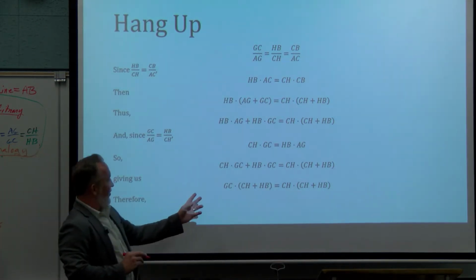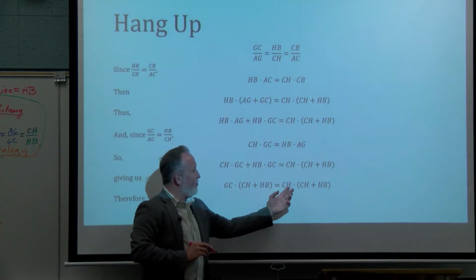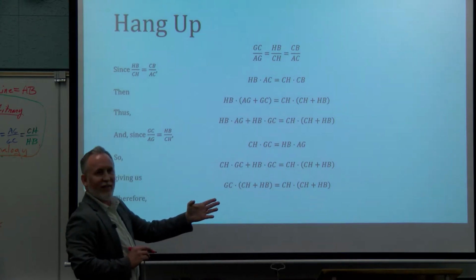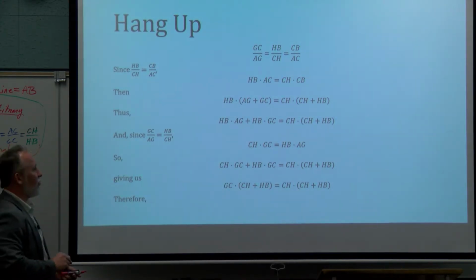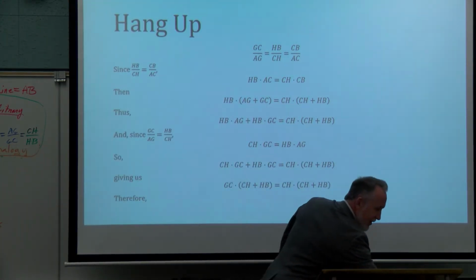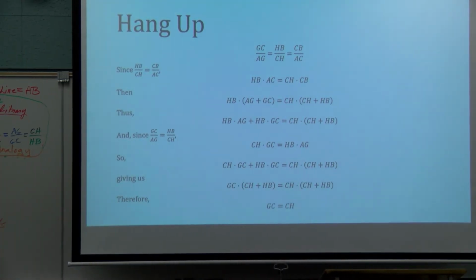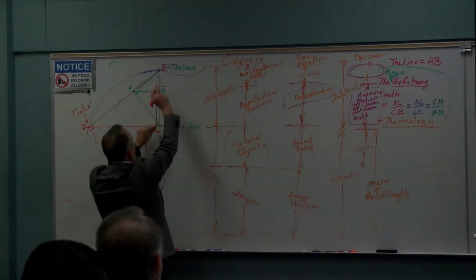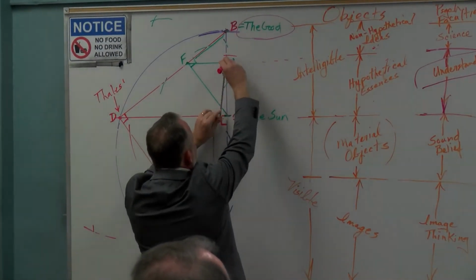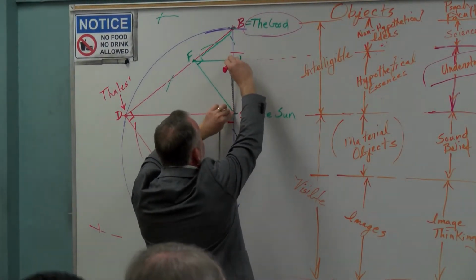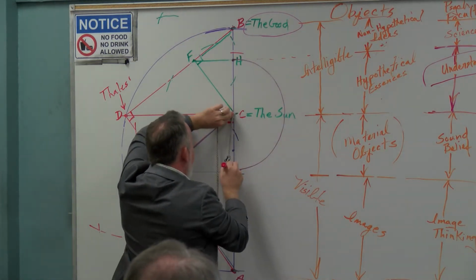You have this multiplied by this, and this multiplied by that. GC equals CH. Oh, G equals CH. But if you do the geometry, that's exactly the way it comes out.